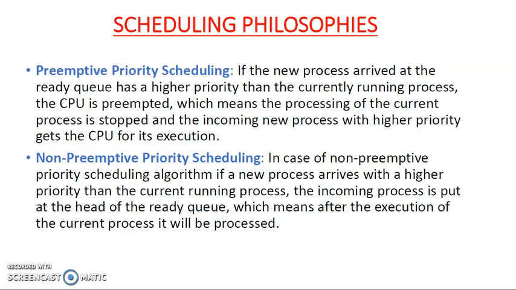After that, the new incoming process will be proceeded. This is the difference between preemptive and non-preemptive. In preemptive, the current process is stopped, but in non-preemptive, first the current process is executed and then the new incoming process will be proceeded.